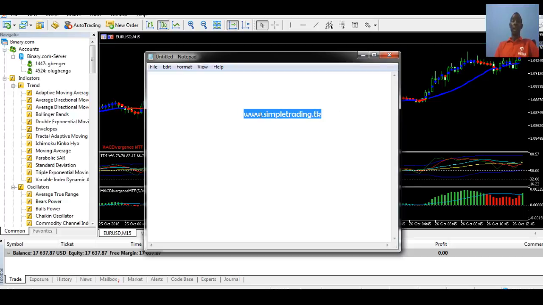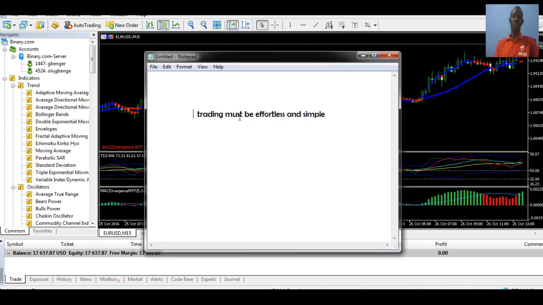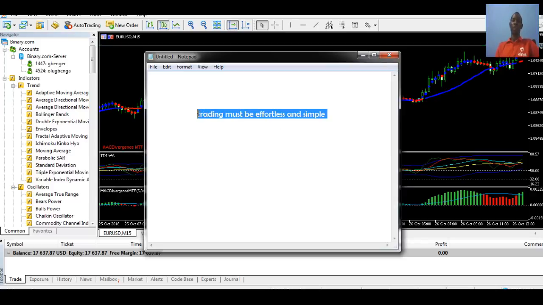As far as I'm concerned, trading must be effortless and simple. If you're sweating over your trade setup, it simply means that it's not working. Ensure that you develop yourself to a level where your trading setup is effortless and simple.